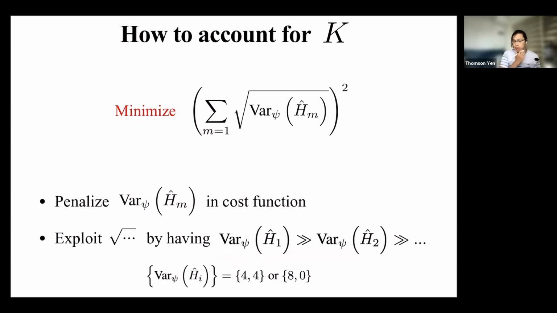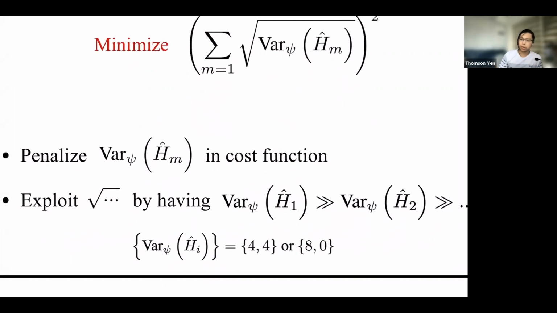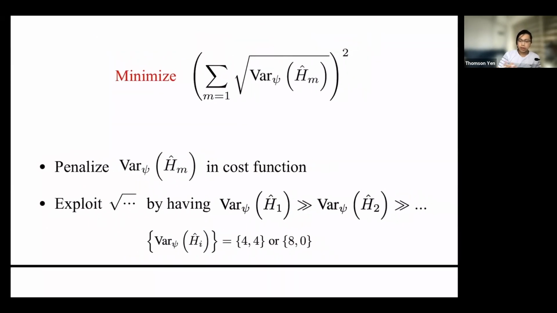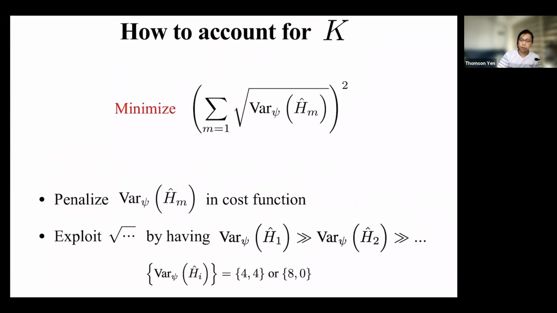To show why that intuition holds, let's consider an example with two fragments. Say you have a choice between having variances of 4 on two fragments, or just having a variance of 8 on one of the two fragments. They all sum up to 8, but which one would you prefer when you plug these two numbers into the equation for K?